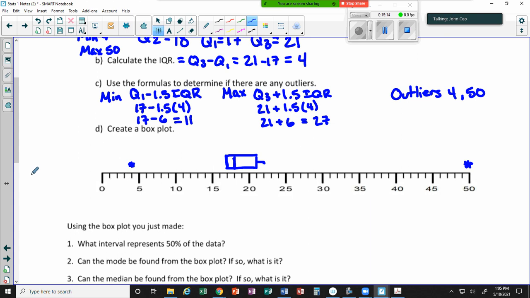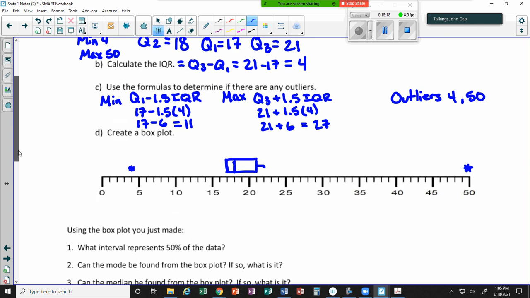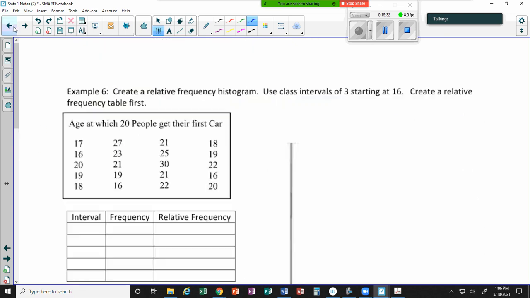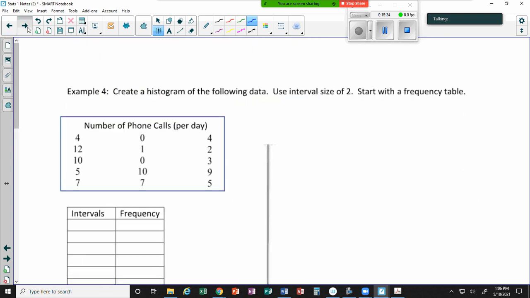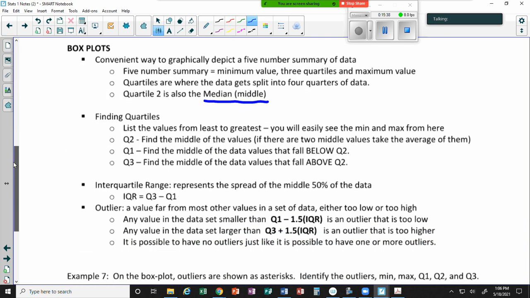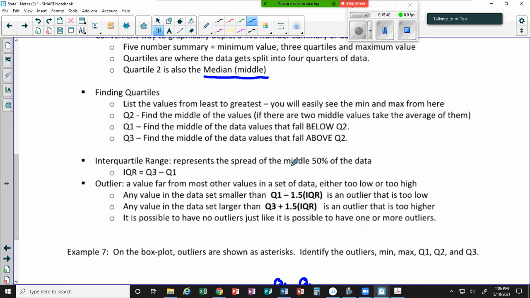Now, what interval represents 50% of the data? So if we look back at the notes here, which interval represents the middle 50% of the data?